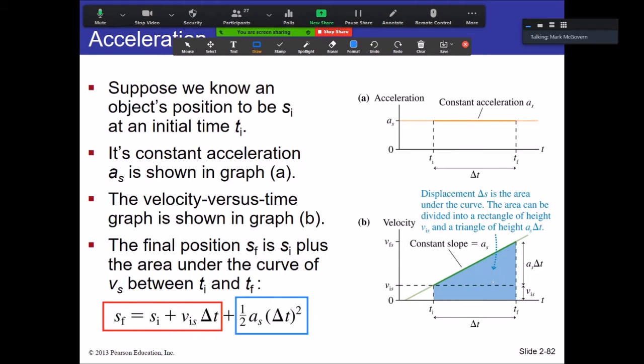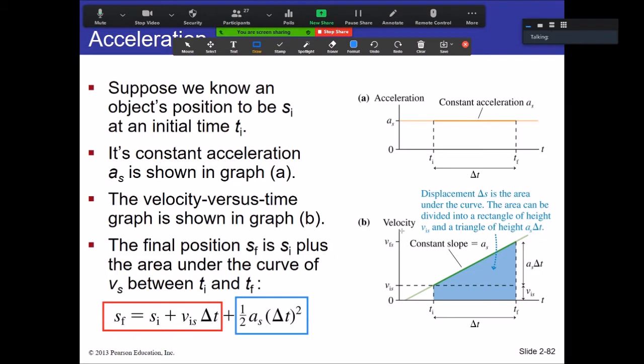The region above that is a displacement that has been gained due to the velocity increasing. And you can see what that is here for a straight line that creates this triangle. Right? The triangle has a base of delta t and a height that would be the difference in the two velocities.